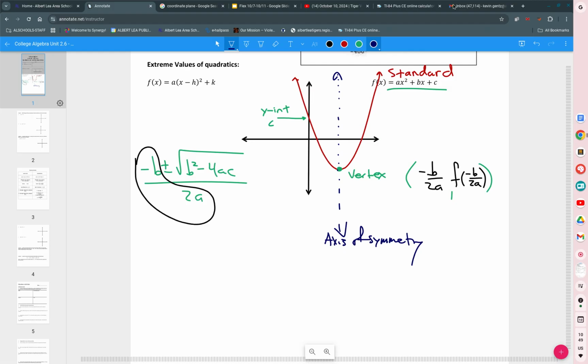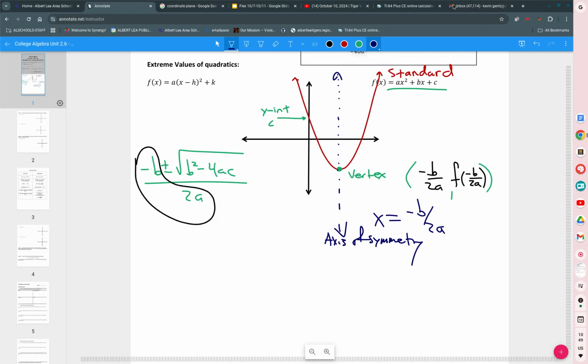A vertical line, does it have an equation y equals or x equals? It would seem y because it's up and down, but it is definitely an x equals equation. And it's always x equals the x value of your vertex, negative b divided by 2a.